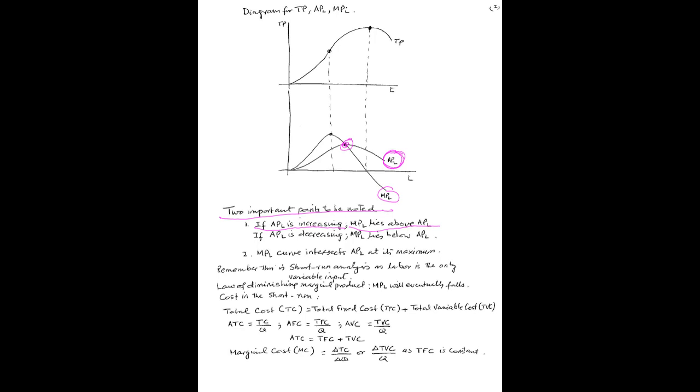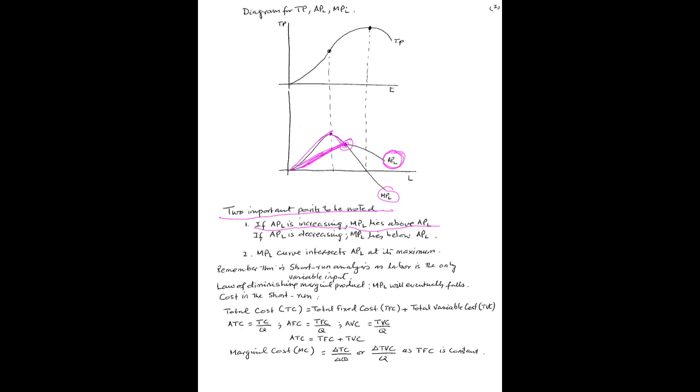If your average productivity is increasing, your marginal productivity must be greater than average productivity. Or in other words, if marginal productivity is greater than average, productivity must increase. Same. And opposite is also true. If APL is decreasing, marginal productivity must lie below APL. And marginal productivity of labor curve intersects APL at its maximum.